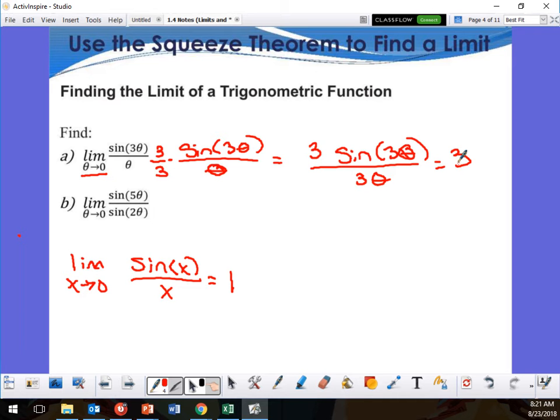Just 5 theta. So it'd be 5 theta over sine of 5 theta over sine of 2 theta.